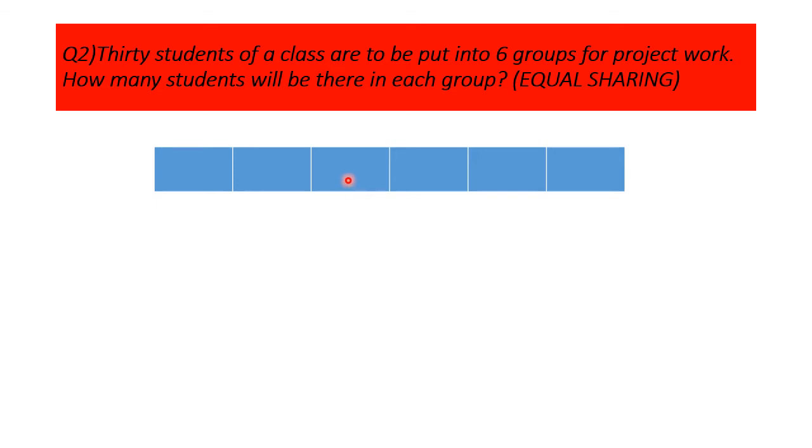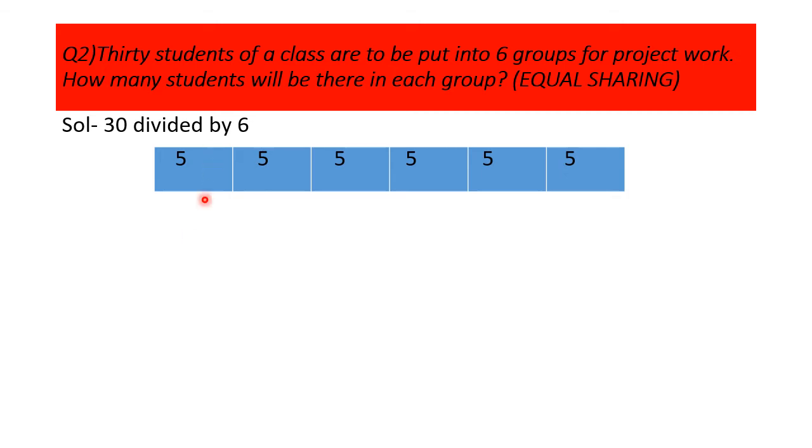But if I asked you to show this question by using the bar model, how will you do this? You need to divide 30 by 6, and as you can see I have made a bar model over here, and here we have 1, 2, 3, 4, 5 and 6 equal groups. We already know that when 30 is divided by 6 we get 5.